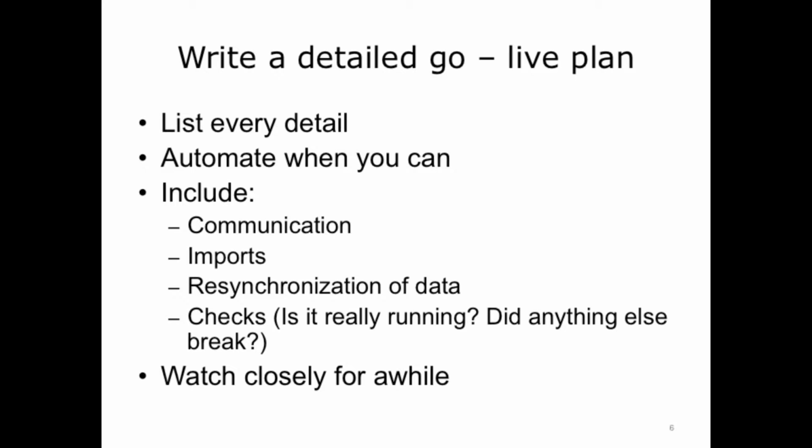Write a detailed, ordered checklist with each step. When possible, automate the steps using scripting languages. Include imports, resynchronization of data, communication steps, and check to ensure that the information is really flowing everywhere it needs to go and that the information is correct.